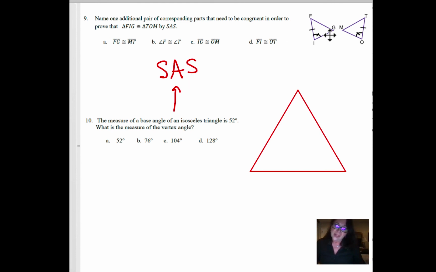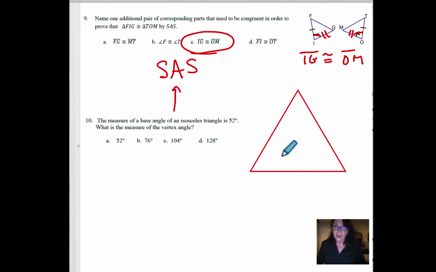So in this case, I've got this angle here and this angle here. And what that means is that I need another side on the other side of that angle, which means that segment IG needs to be congruent to segment OM in order for me to say that the two triangles are congruent by side angle side.